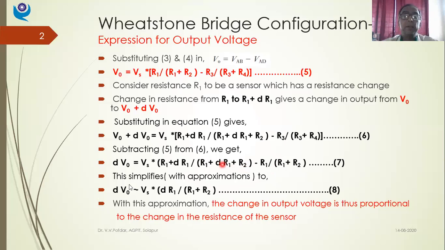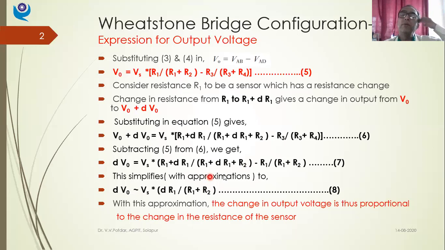So wherever you get some terms along with R2, dR1 plus R2, dR1 plus R1, you can neglect those terms, and if you do the simplification, you get dV0 is approximately equal to Vs into dR1 upon R1 plus R2. Other terms, being very small, we neglect.